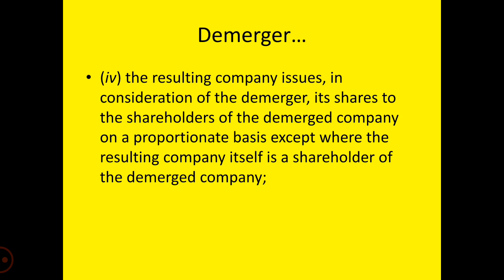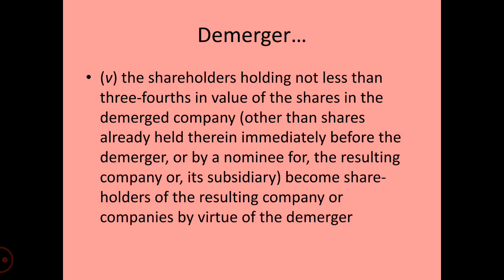Fifth, the shareholders holding not less than three-fourths in the value of the shares in the demerged company, other than those shares already held therein immediately before the demerger by a nominee for the resulting company or its subsidiary, become shareholders of the resulting company by virtue of the demerger.